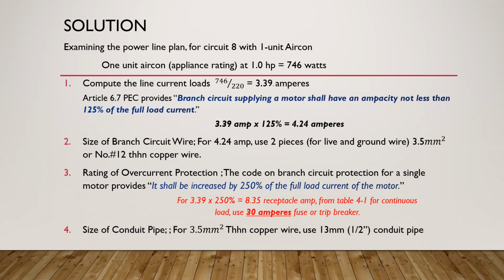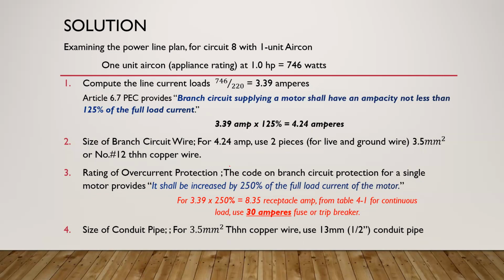So the current load is 3.39. But again, from Article 6.7 of PEC, we compute the current load at 125%. So we have a full load current of 4.24 amperes.